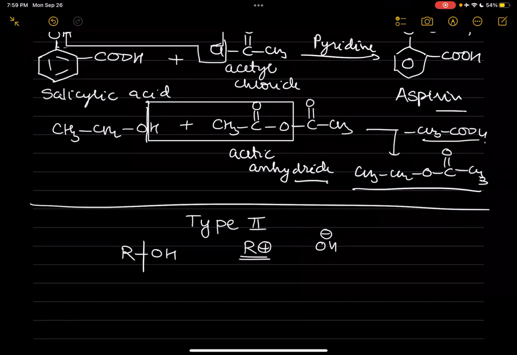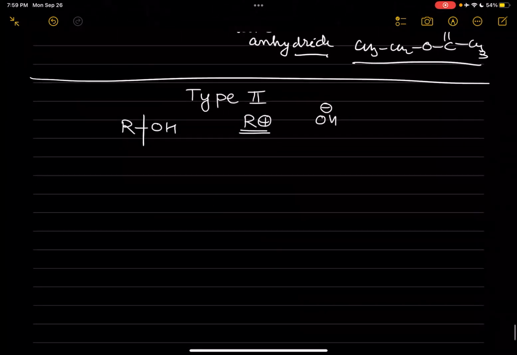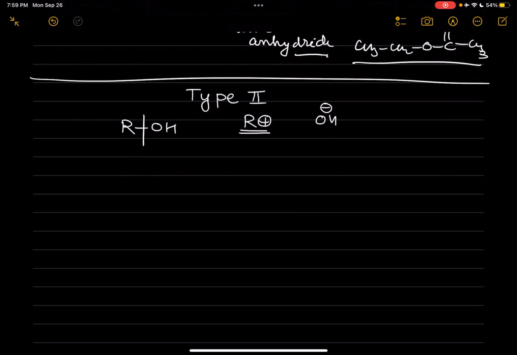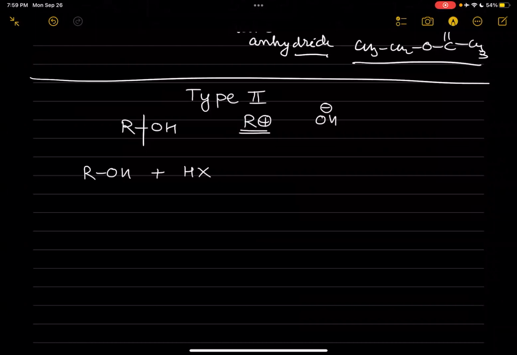So what all reactions come under this category? The most famous reaction is the one which we studied in the alkyl halide chapter. Okay, reaction of alcohols with HX, and that will give you alkyl halide.